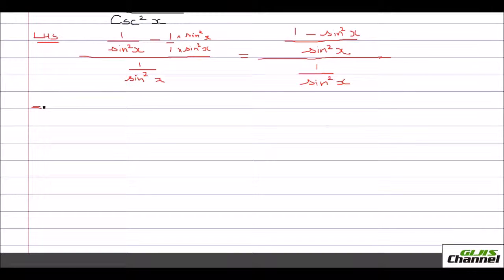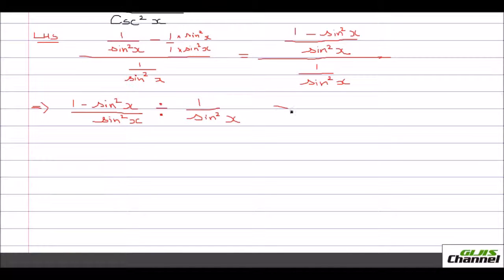That implies, instead of writing the denominator like this, I would write 1 minus sine square x divided by sine square x as the numerator, and the denominator is division, right? So I just write divided by 1 over sine square.